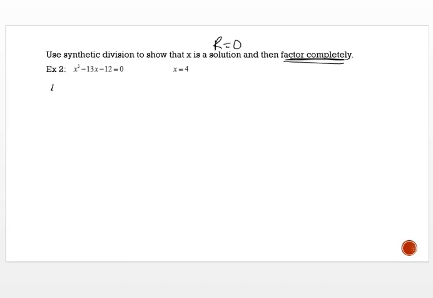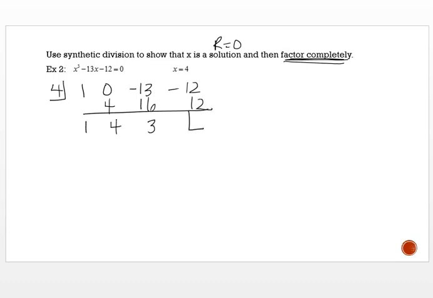So we're going to start with 4 and use synthetic division. So 1, there's no x squared term, so I'm going to put in a 0, negative 13, and negative 12. All right, so bring the 1 down. 1 times 4 is 4. 4 times 4 is 16. Negative 13 plus 16 is 3. 3 times 4 is 12. So I get 0.